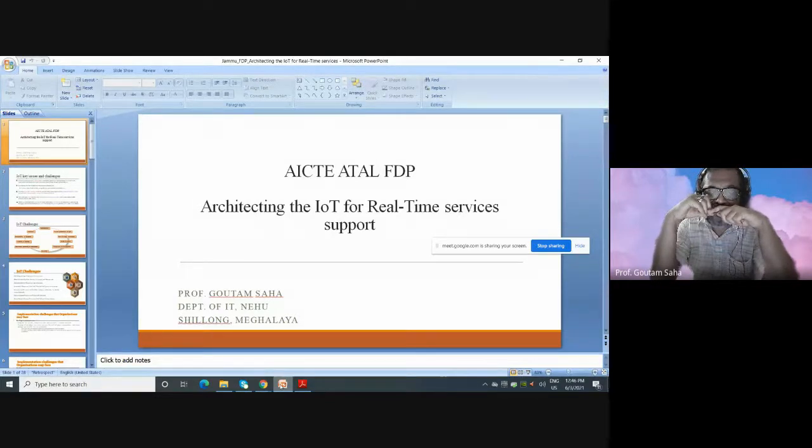Male and female detection is also possible. We have done it. When we do the Fourier transform of this real-time signal, we found that for women some particular frequency band is absent, while for male it is always present. We are confirmed, and we have done it many times.